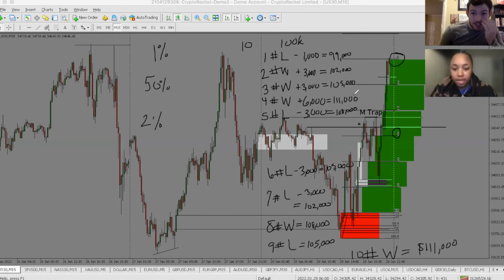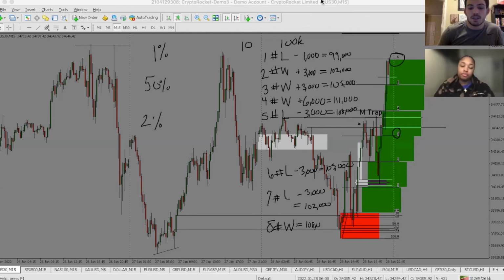Yeah, you can get there, but you see it took us longer to get there because our losses were dragging us down further. And the good thing is even when we raised our lot size, we didn't take down our risk to reward. So we're still looking for that 3-to-1.